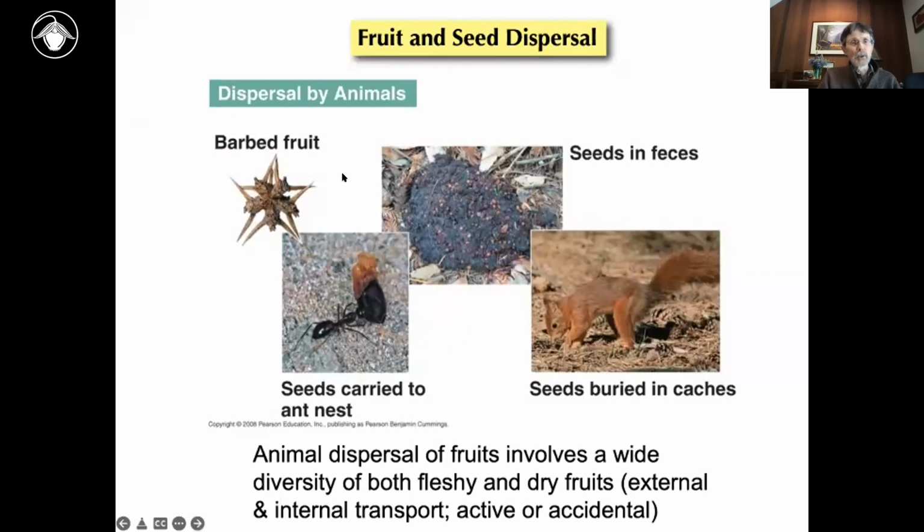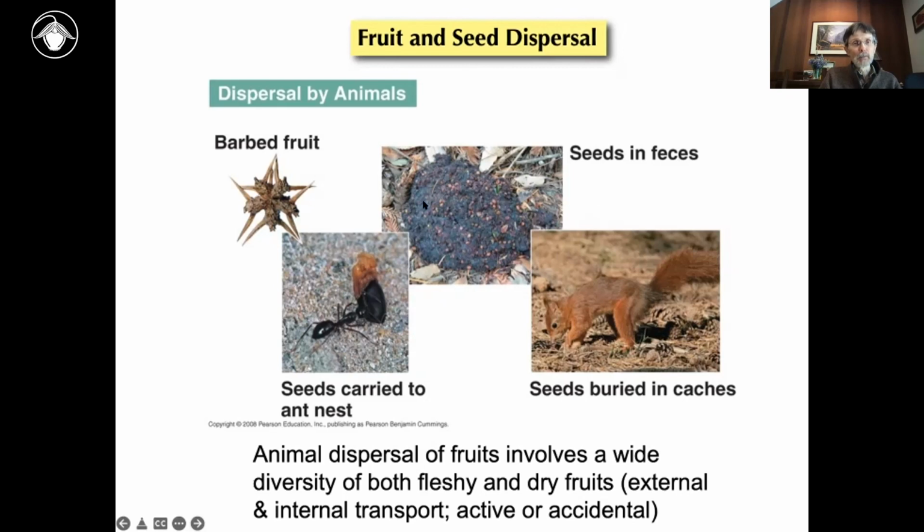So there's a lot of different abiotic dispersal means, also a lot of dispersal means by animals. As I mentioned, there can be dry fruits involved in dispersal by animals, especially if they attach to animals. Sometimes the fruits or the seeds are sticky, but sometimes the plant is more cruel, like the puncture vine, and produces fruits that impale the feet of mammals that carry them around and eventually manage to hopefully get them free and disperse the seeds in that way.